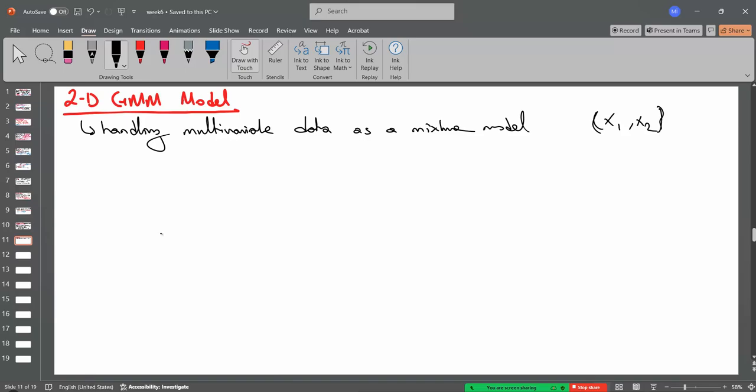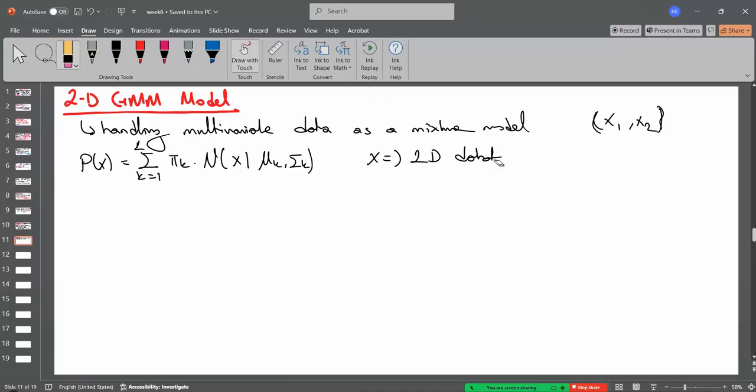This is a 2D vector, and so it's defined with p(x), which is equal to the summation over k from 1 to K of pk times the normal distribution of x for a given mu k and sigma k. But in this case we should write the covariance matrix, because x is 2D data.